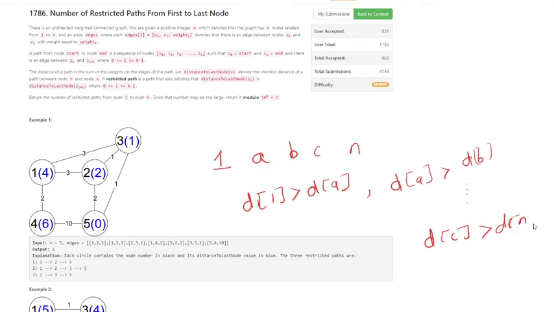I mean, the distance from the last node of the previous element should be greater than the distance of the next element. In the question they are asking us to return the number of restricted paths starting from 1.